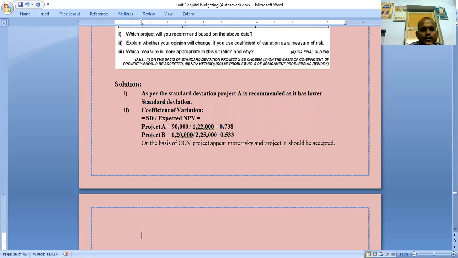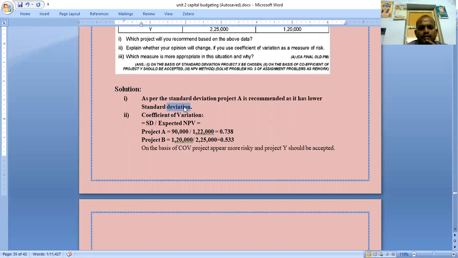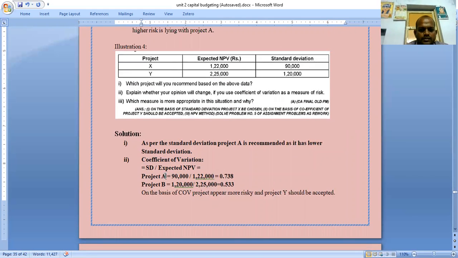So this is the case where standard deviation is preferring project A and coefficient of variation is preferring project B, project Y. Okay, X and Y, I'll change that. So coefficient of variation is choosing project Y. In some situations it may arise like that.